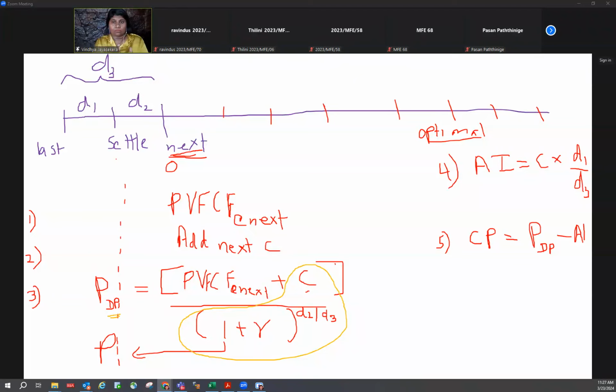Then we calculated using the previous formula, C times 1 minus (1 plus R) to the power minus N, over R, plus FV over (1 plus R) to the power N, and we got the clean price there.